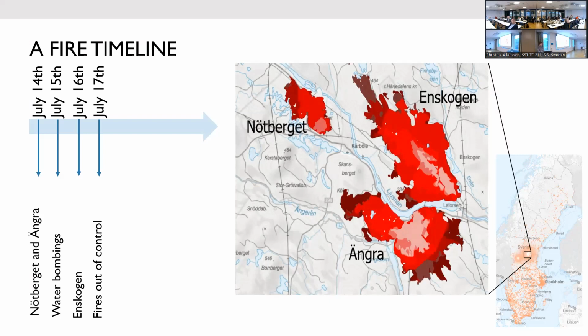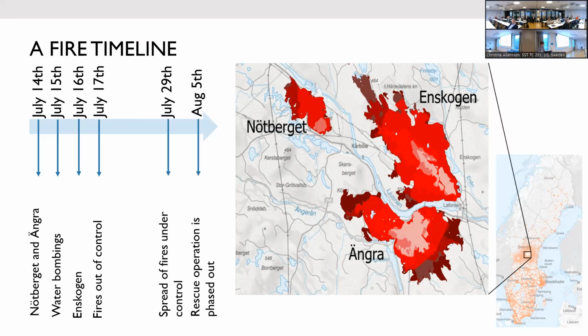After a lot of different resources being sent to the area, both national and international, the fires were under control about 2 weeks later. And from August 5th, the rescue operation was phased out.